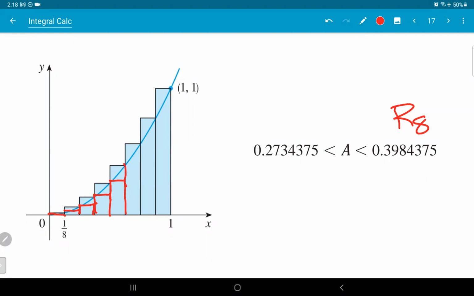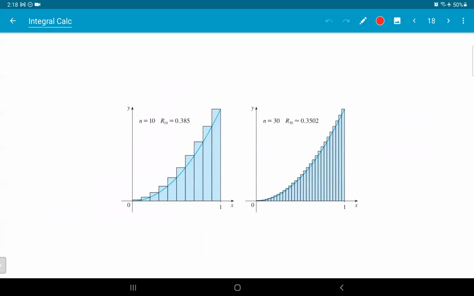okay, and so on. Compute and sum up those areas to get this value, so that we know we have a better estimation now that the area is between those two values. And then we do this again. We increase the number of rectangles, and you will see right away that for say 10 rectangles, the error will be less.